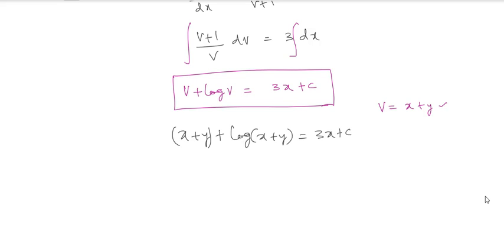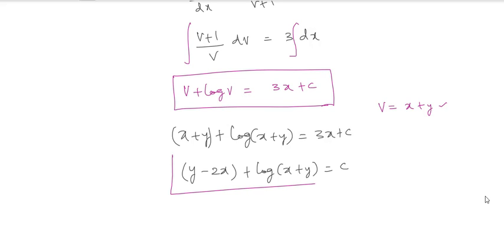Then again you can simplify it. This x, if I take this side, so minus 3x plus x is minus 2x. So directly you can write y minus 2x plus log of x plus y is equivalent to c. I can write it as. So this is the final solution for the corresponding problem.